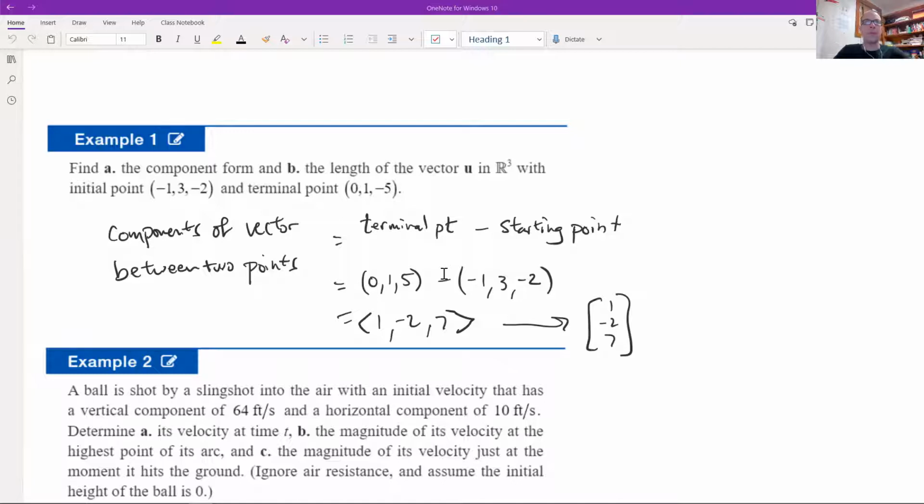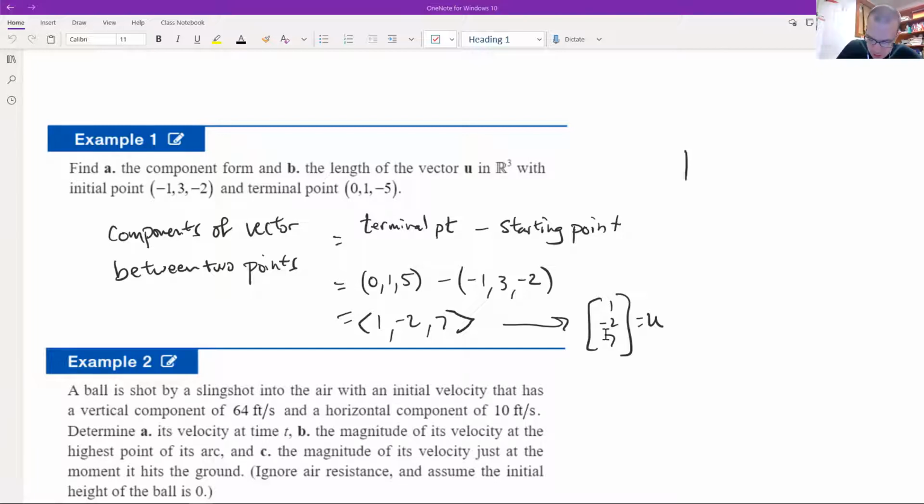Great. And if we wanted to find the length of this vector, we really have a bunch of different components here that would move in the x direction, move in the y direction, move in the z direction. So all we need to do is use our distance formula, the Pythagorean theorem, to get the magnitude of this vector. So here, we'll call that u.